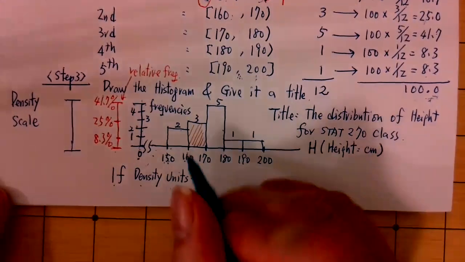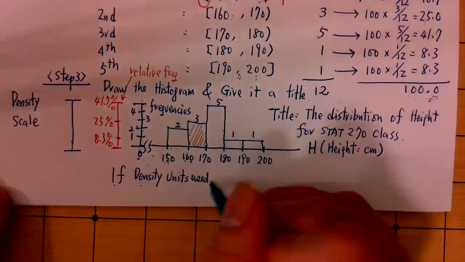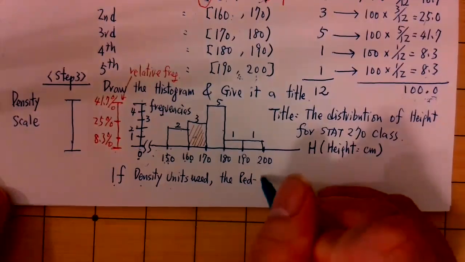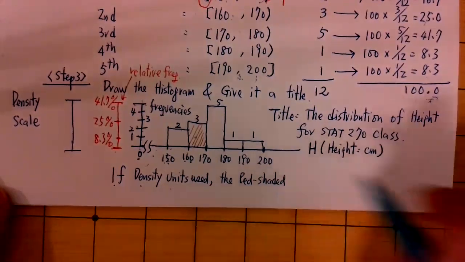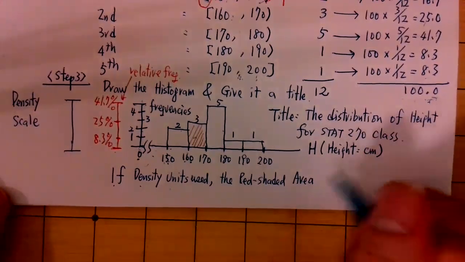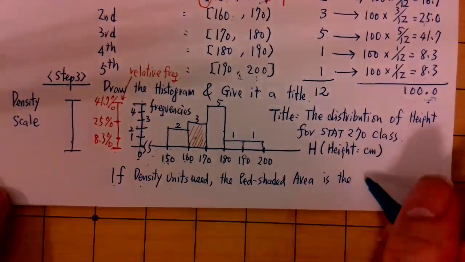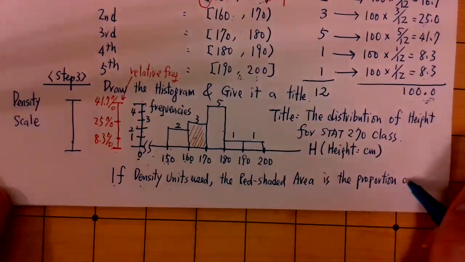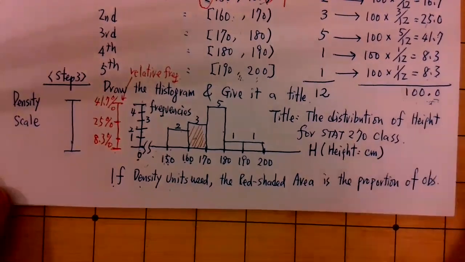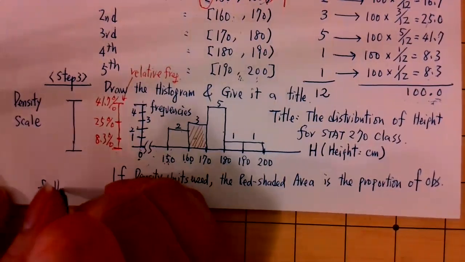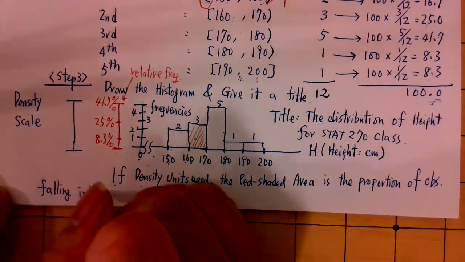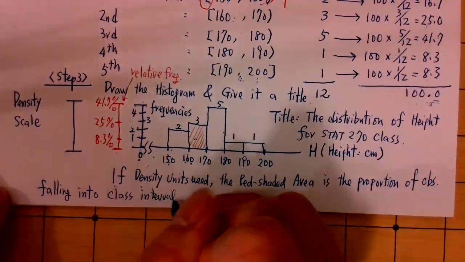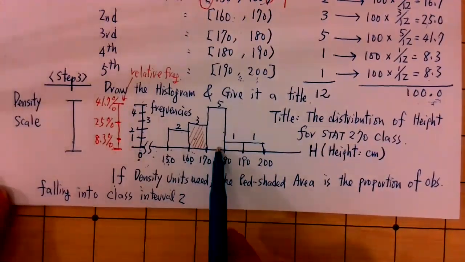If density units are used, the red shaded area is the proportion of observations falling into class interval 2.